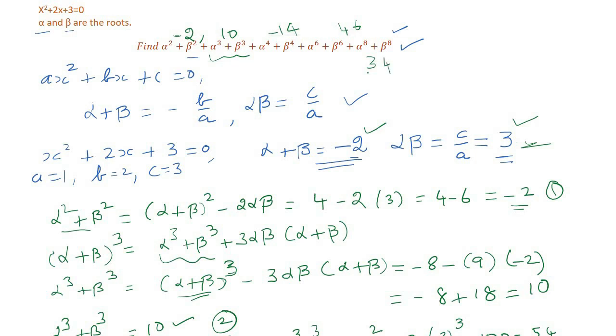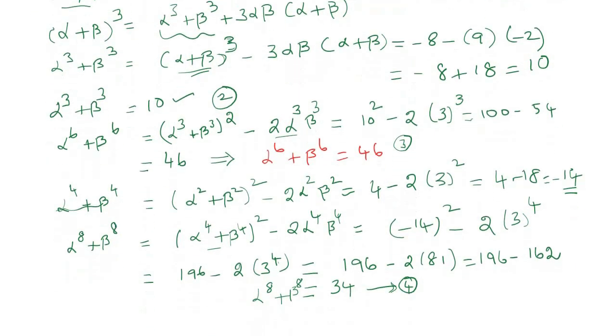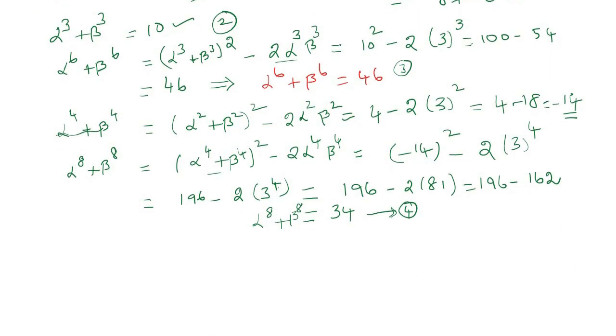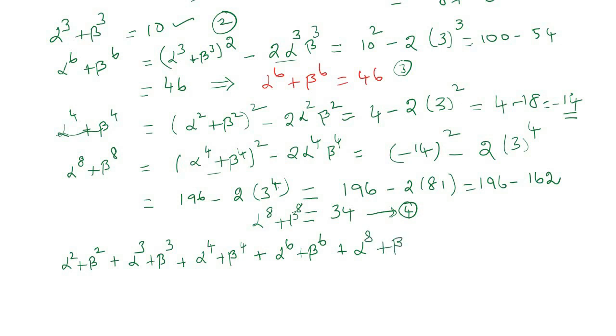So we have to add all such things now. That is alpha squared plus beta squared, I write here, plus alpha cube plus beta cube, plus alpha to the power of 4 plus beta to the power of 4, plus alpha to the power of 6 plus beta to the power of 6, plus alpha to the power of 8 plus beta to the power of 8. This is what is required.